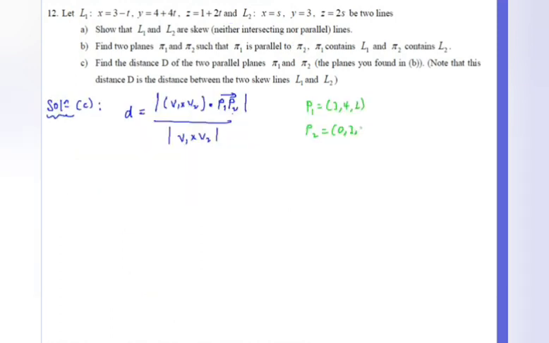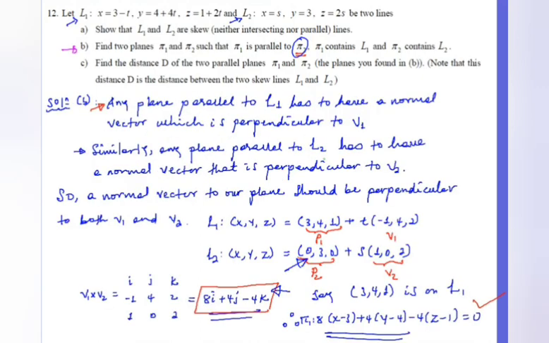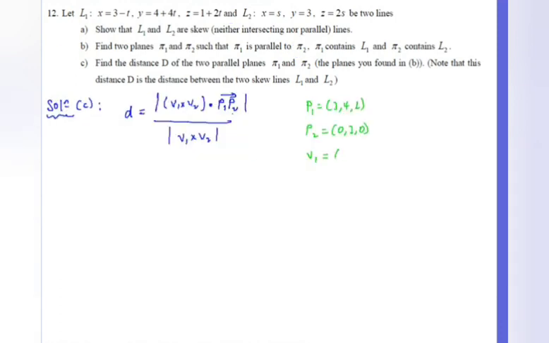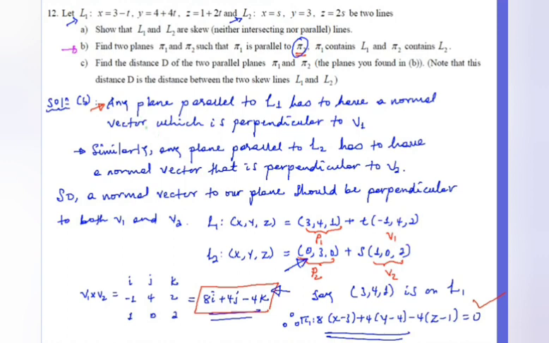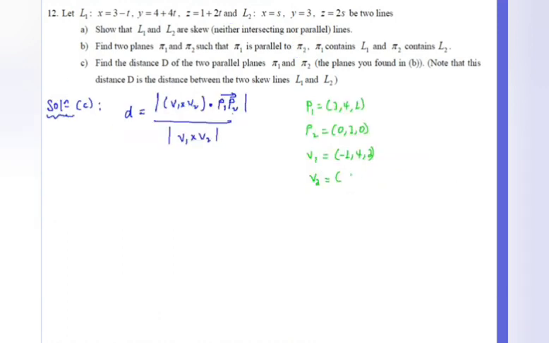V1 is the direction vector of L1, which is (-1, 4, 2). And V2 is the direction vector for the second line, which is (1, 0, 2). These are enough to calculate the distance between the two planes.